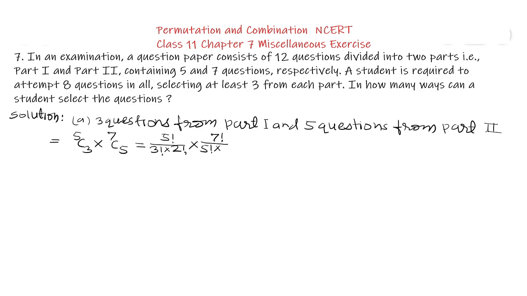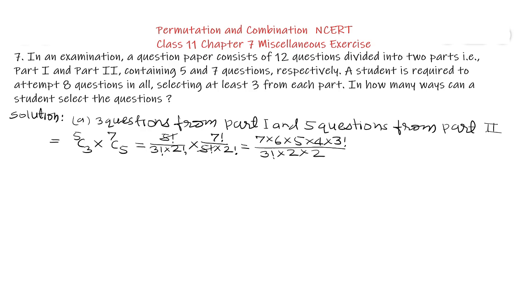So we cancel 5 factorial of numerator by 5 factorial of denominator and write 7 factorial as 7 multiplied by 6 multiplied by 5 multiplied by 4 multiplied by 3 factorial upon 3 factorial into 2 factorial is 2, and again 2 factorial is 2.